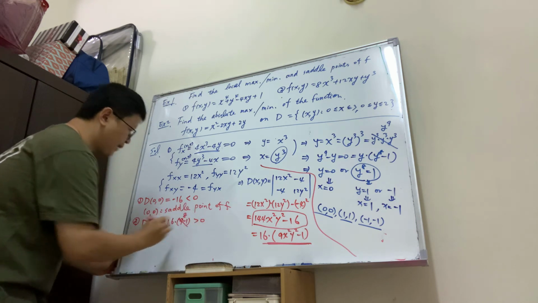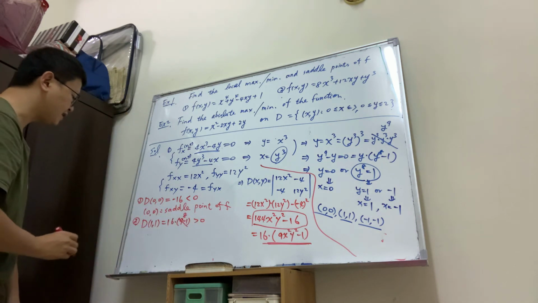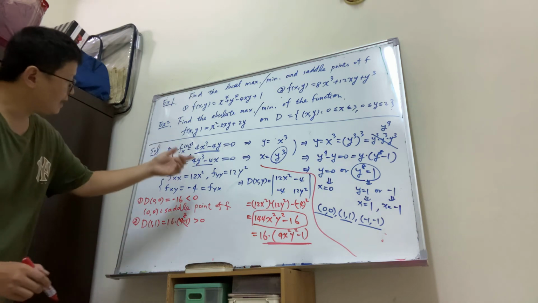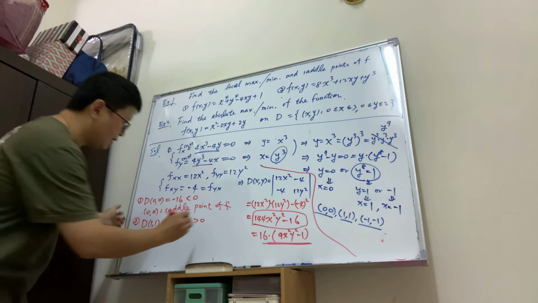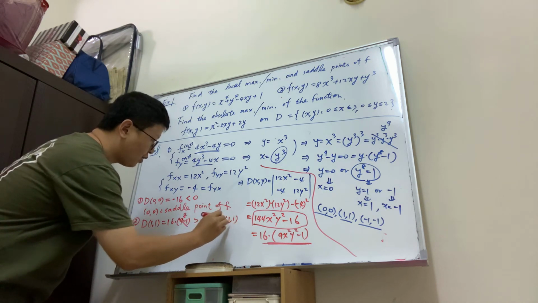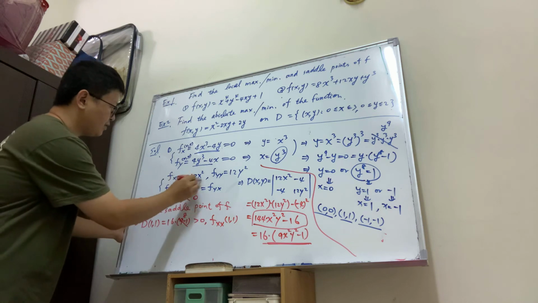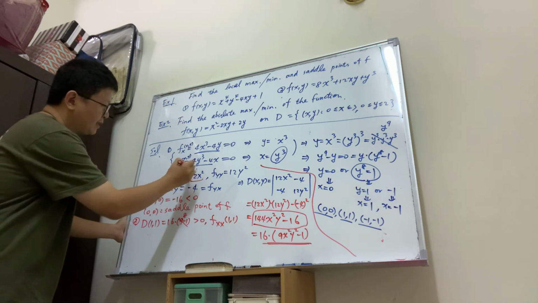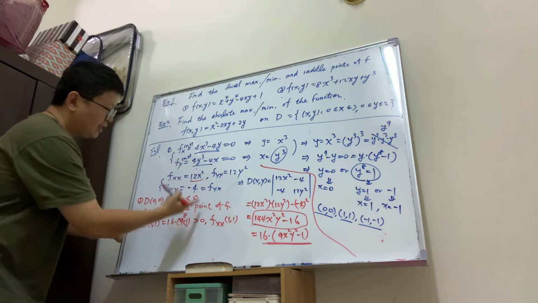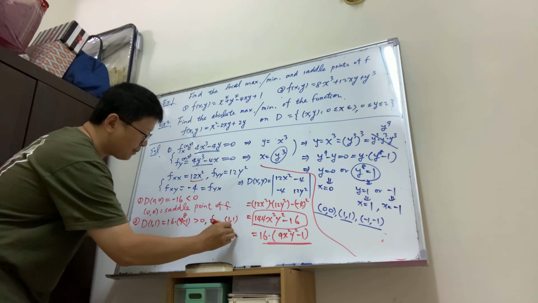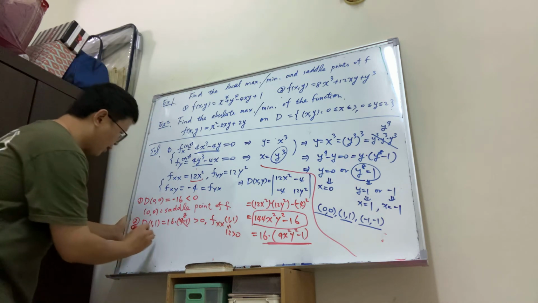So of course it's positive. So the determinant is positive, and then we should check fxx. But fxx is 12x squared, which is a square, so it's a positive number, and of course it's always positive if x is non-zero, right? So actually you see it's equal to 12. So of course it's positive. Then what can we say?